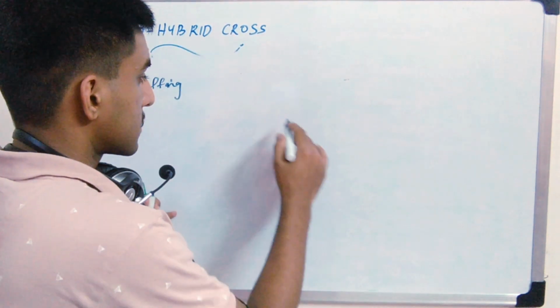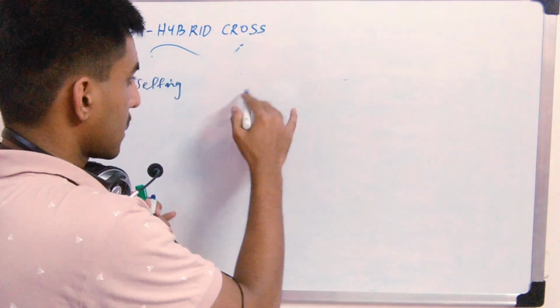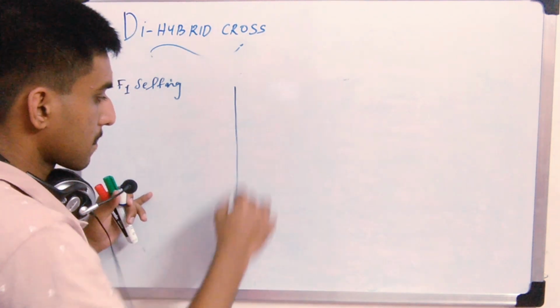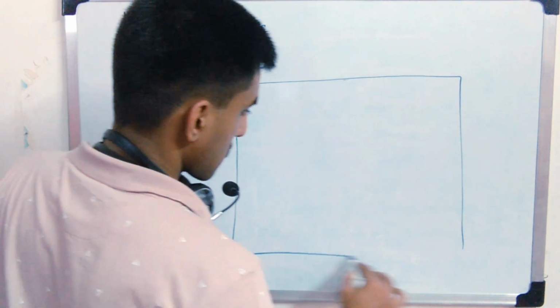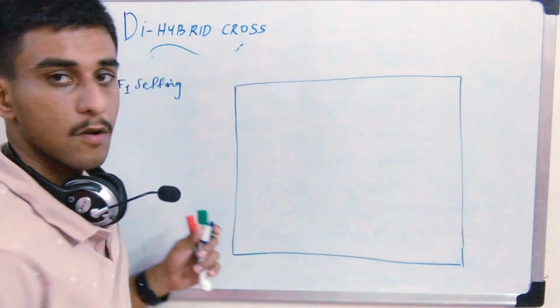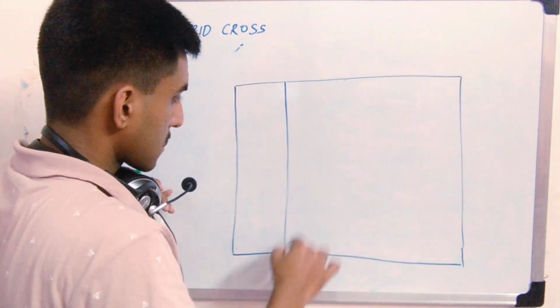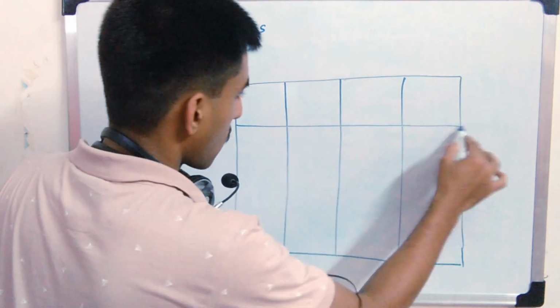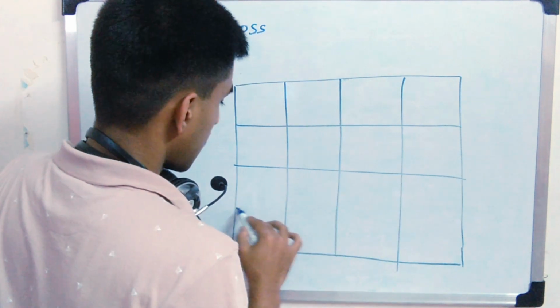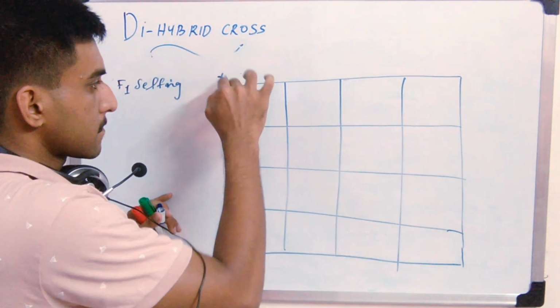So in a checkerboard, I hope this is clear. 4 columns, 1 2 3 4, 4 rows, 1 2 3 and 4. So I am going to cross here.